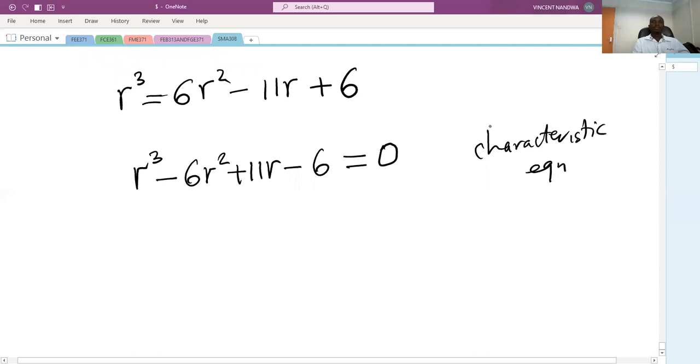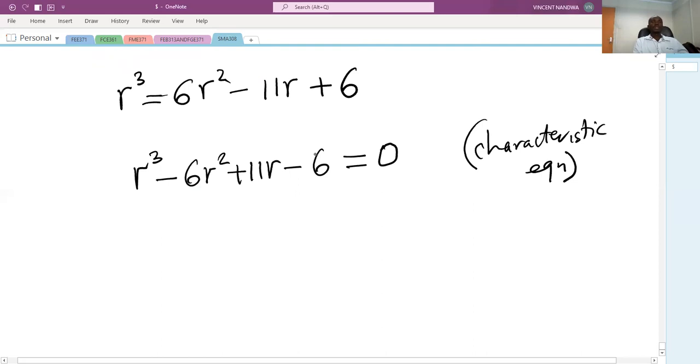Now, our characteristic equation is a cubic equation, and there is no specific way of factorizing a cubic equation to get the roots of that given equation. We do what we call trial and error, but the trial and error is done with the help of the constant term in the cubic equation.